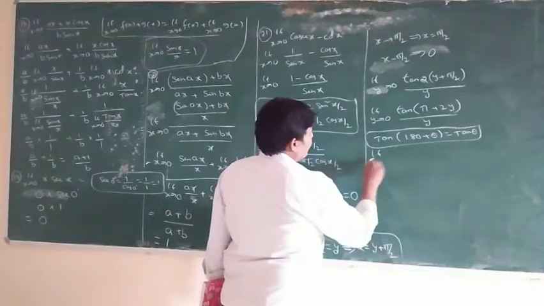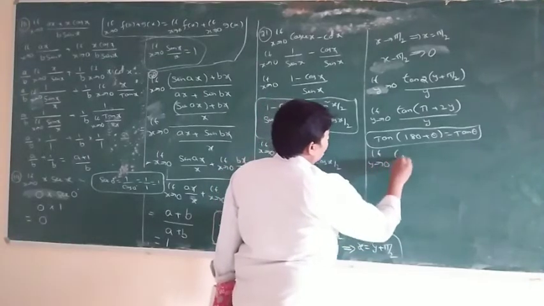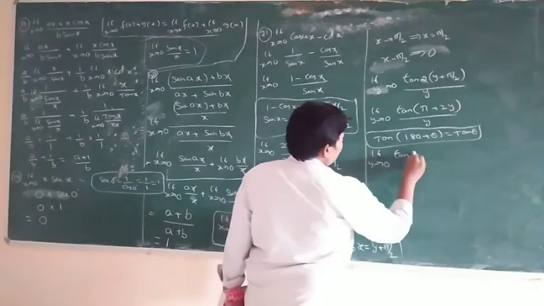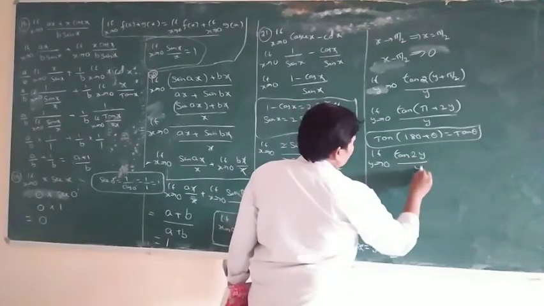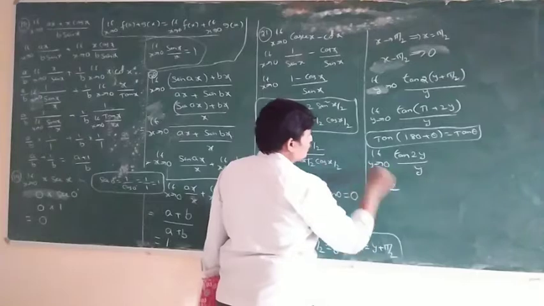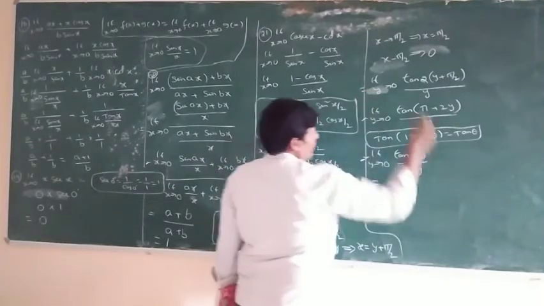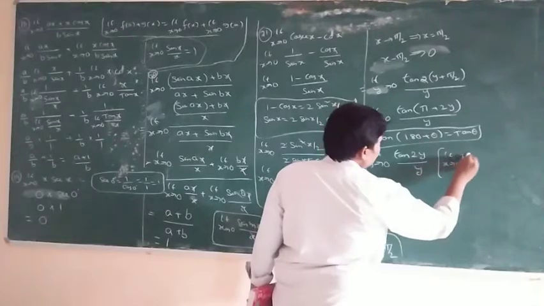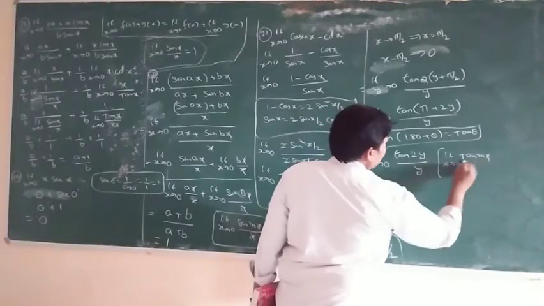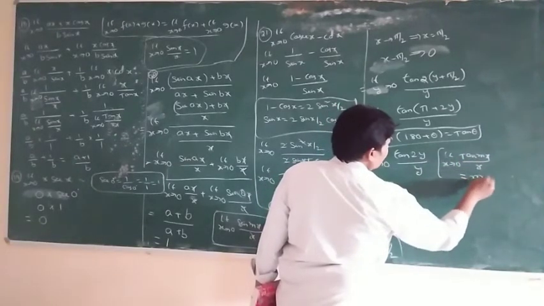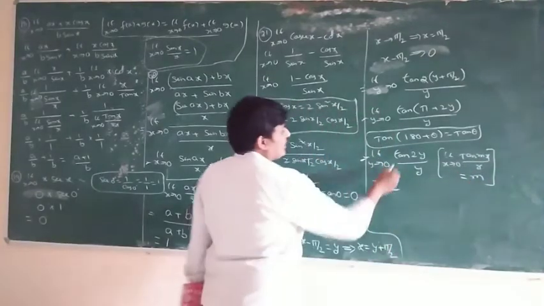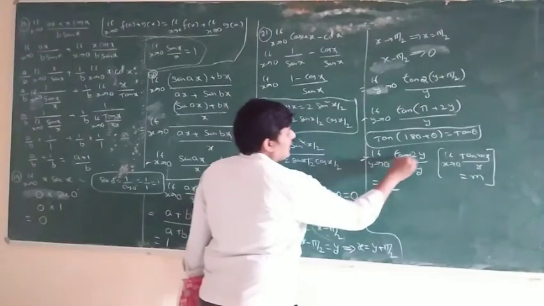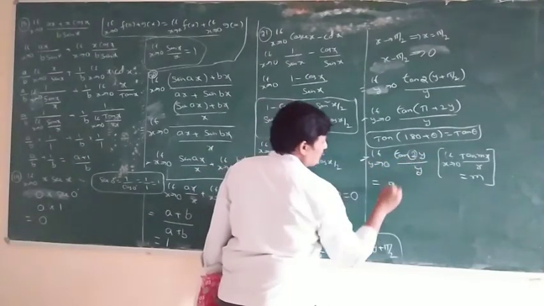So limit y tends to 0, tan of (180 plus 2y) is equal to tan 2y. Tan 2y by y is equal to 2. Which formula? Limit x tends to 0, tan mx by x is equal to m. So tan my by y is equal to 2.